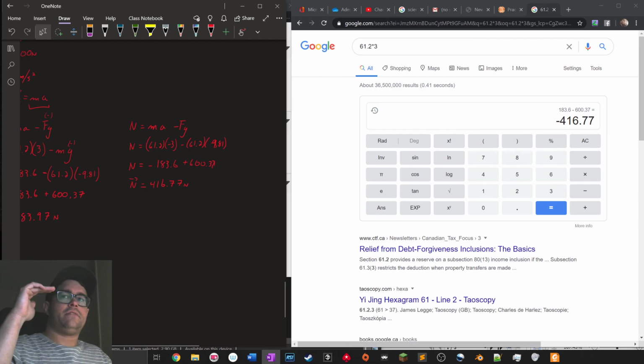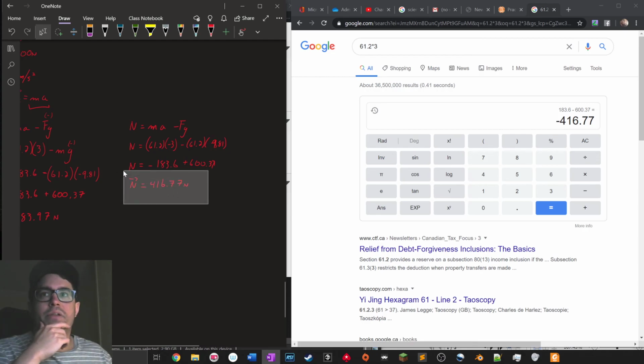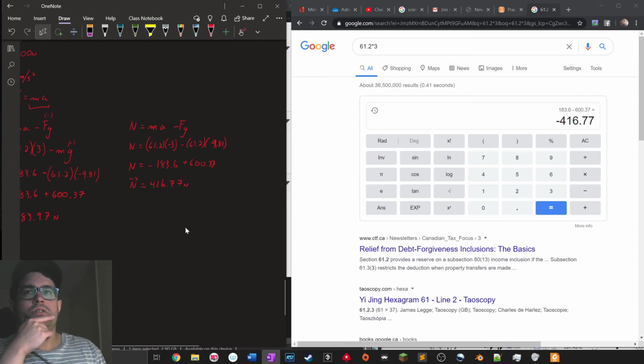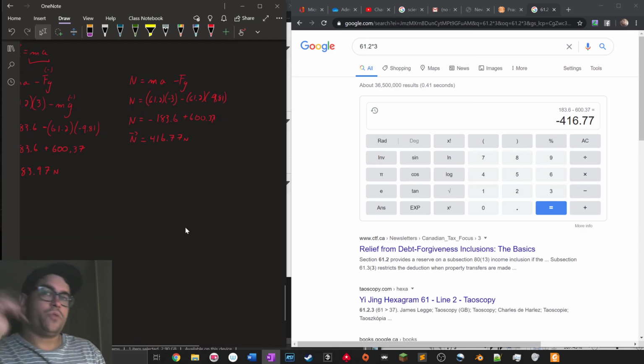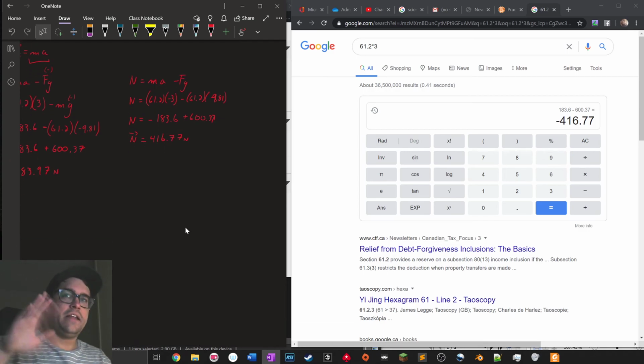So clearly it let it happen, if you want, and it doesn't go completely against the FG, or her force of gravity, which is the reason why it's accelerating downward. It's letting it accelerate. It's letting it have a net force that is less than 600.